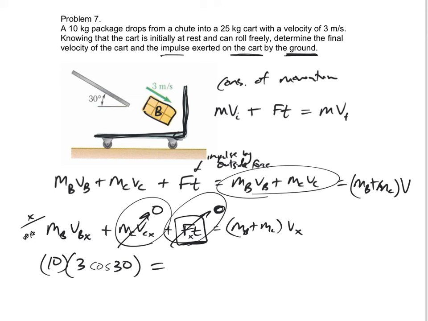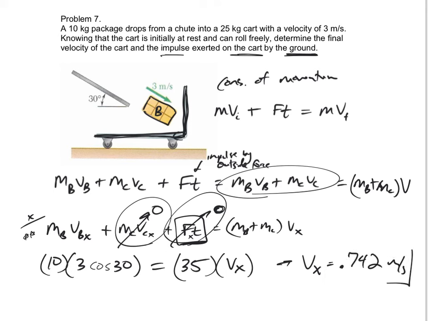This would be equal to, when they're combined together, the 10 kilogram package and the 25 kilogram cart, like they have a 35 kilogram mass and its velocity. So from this, the velocity in the x direction, both of them going with a velocity of 0.742 meters per second. I got that from x.